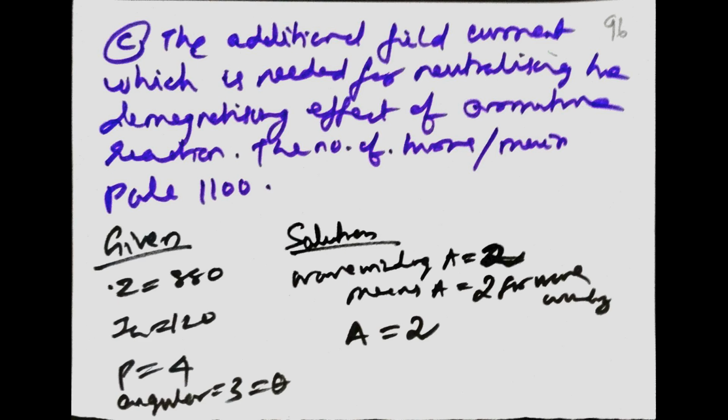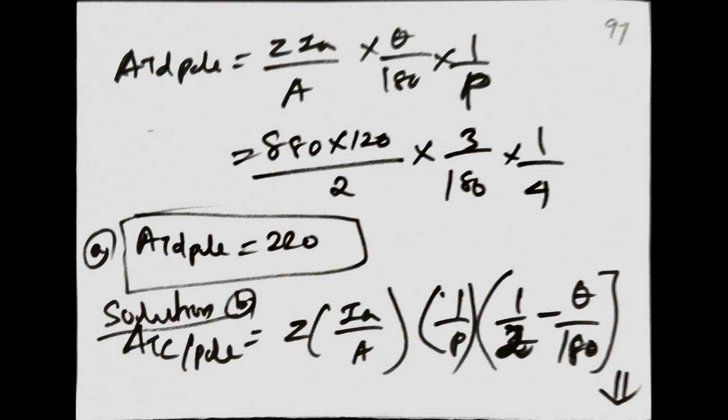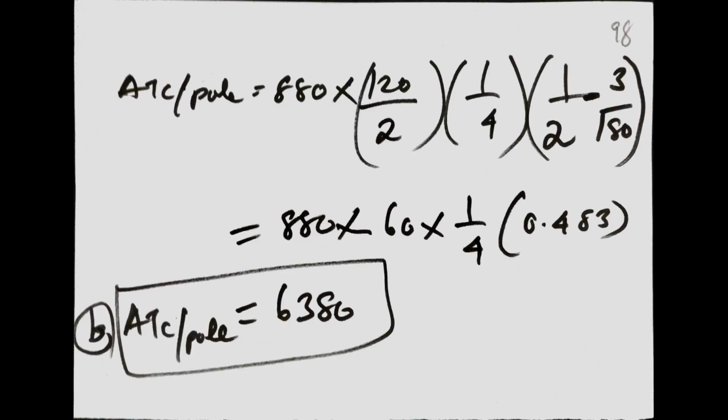As we know from theory classes, for wave winding the number of parallel paths A is equal to 2. ATD per pole is equal to Z Ia divided by A into theta divided by 180 into 1 divided by P. This is the demagnetization ampere turns per pole formula. 880 into 120 divided by 2 into 3 divided by 180 into 1 by 4.